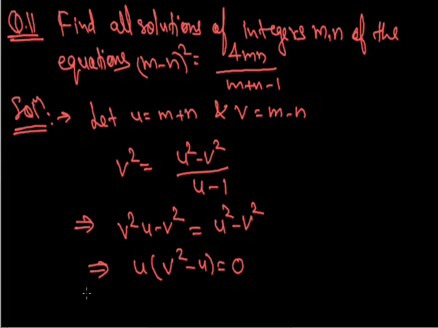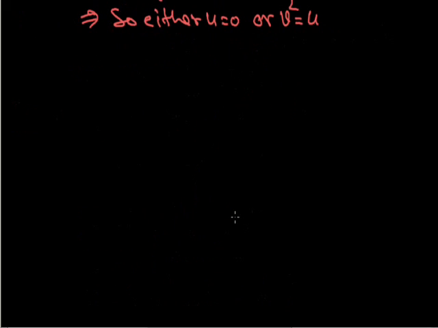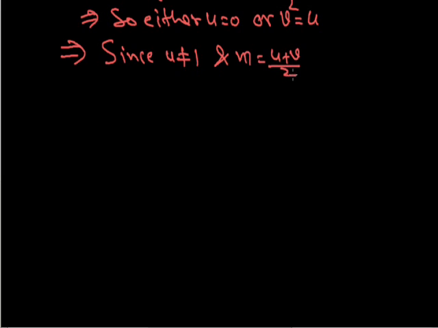So either u is equal to 0 or v square is equal to u. As we know that u cannot be equal to 1, and m is equal to (u plus v) upon 2 and n is equal to (u minus v) upon 2.